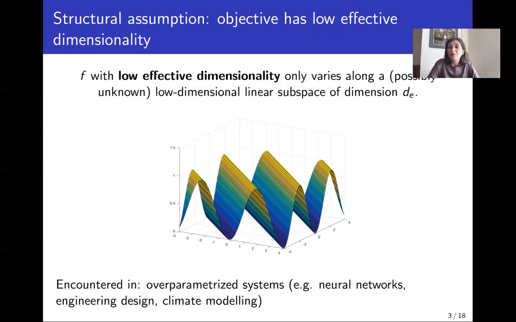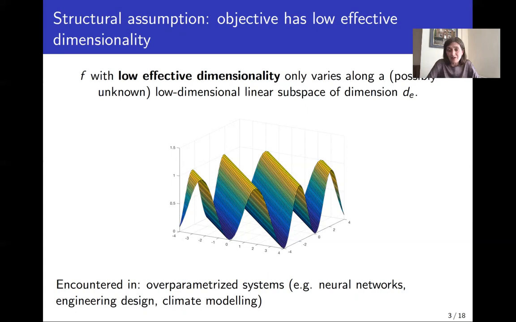And so, without knowing the subspace, but knowing its dimension or an upper bound on it, you can project and solve this reduced problem and have a very high probability, in fact, probability 1, of finding a global minimizer. And that's why this particular structure is of interest in this context.